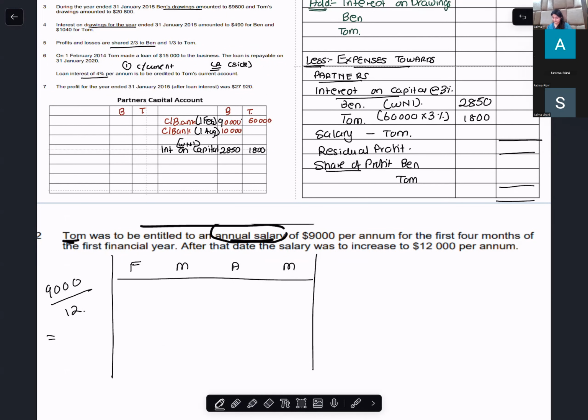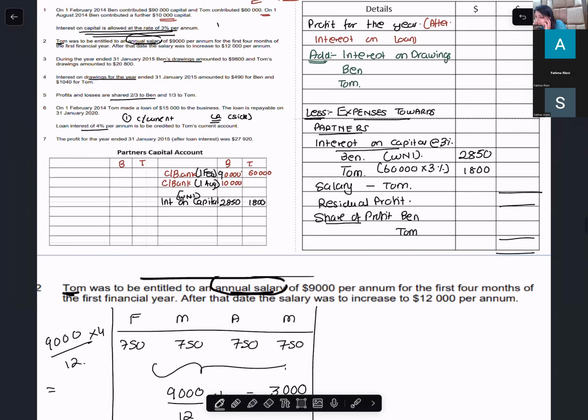So 9,000 divided by 12 into 4. Per month is 750. So into 4, it will become how much? So salary for the first 4 months is 3,000. Are you with me? Yes. Then remaining how many months we have?